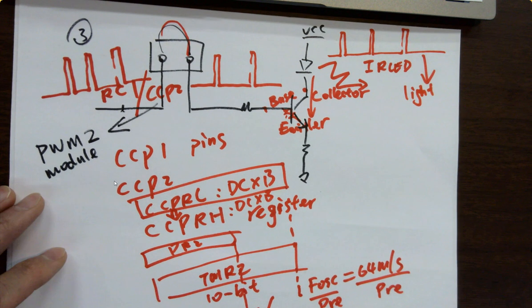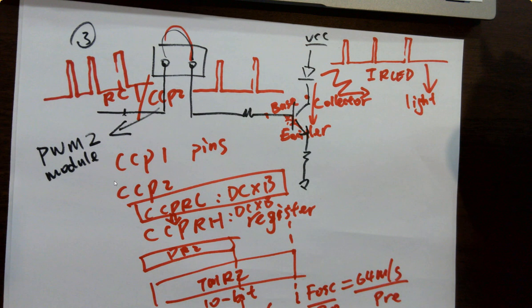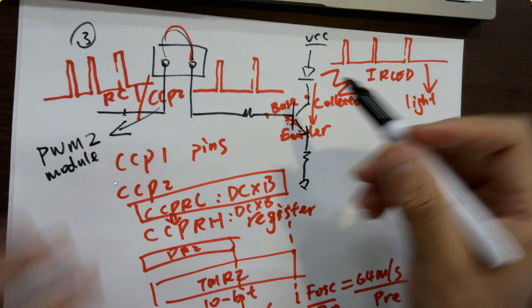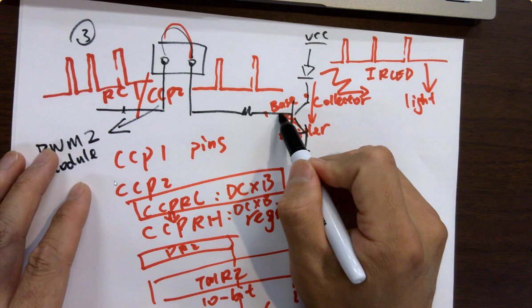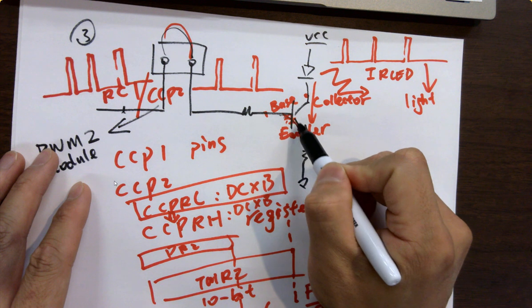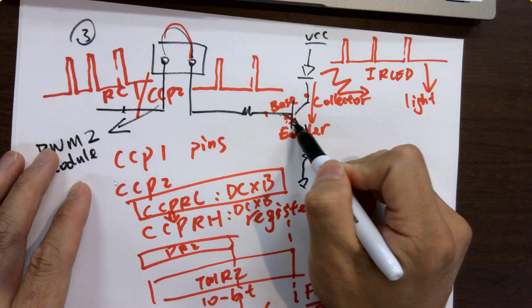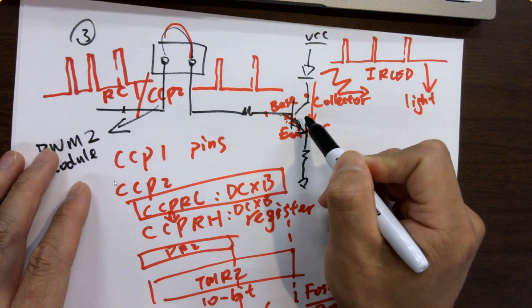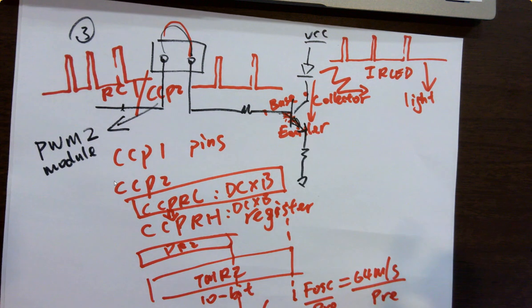Could you break down how the BJT works a little more? Whenever this turns on, it flows a little current into here, into the base. And that current is performing as a turn on current.